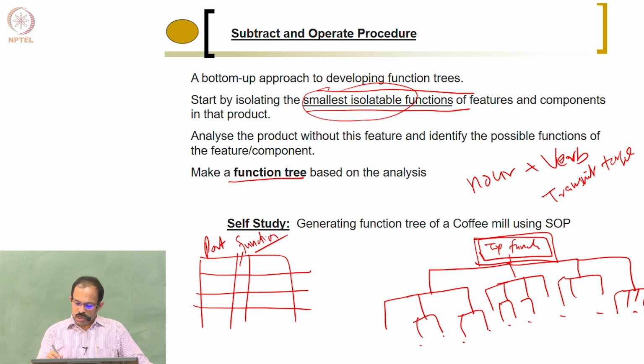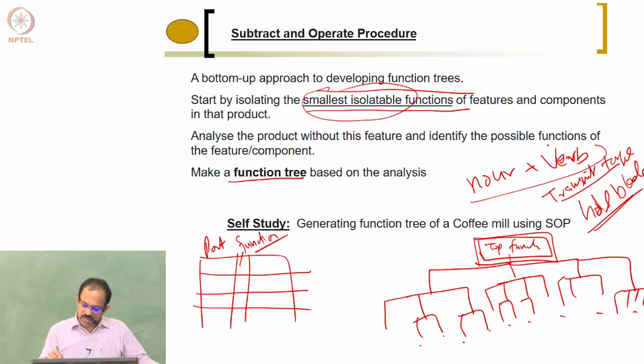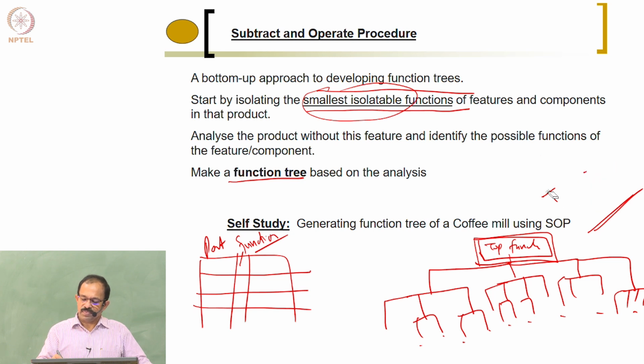Hold blade. So hold blade is a noun and a verb. Like this, you should be able to write the functions here. Whatever may be the function, try to write it with a simple noun and a simple verb. Then you get the functions identified in the product.